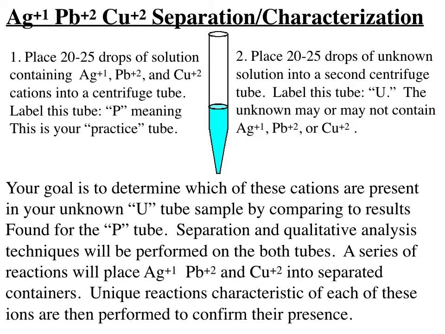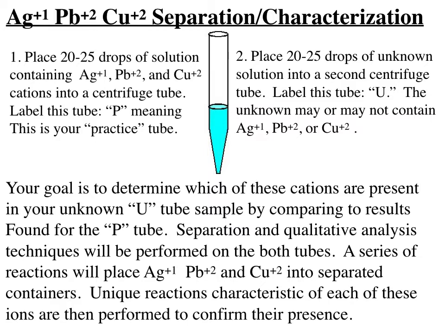So what we're going to do is dispense 25 drops of a solution that has these ions in it for sure, and we're going to label that tube with a P to indicate to us that it is our practice tube.